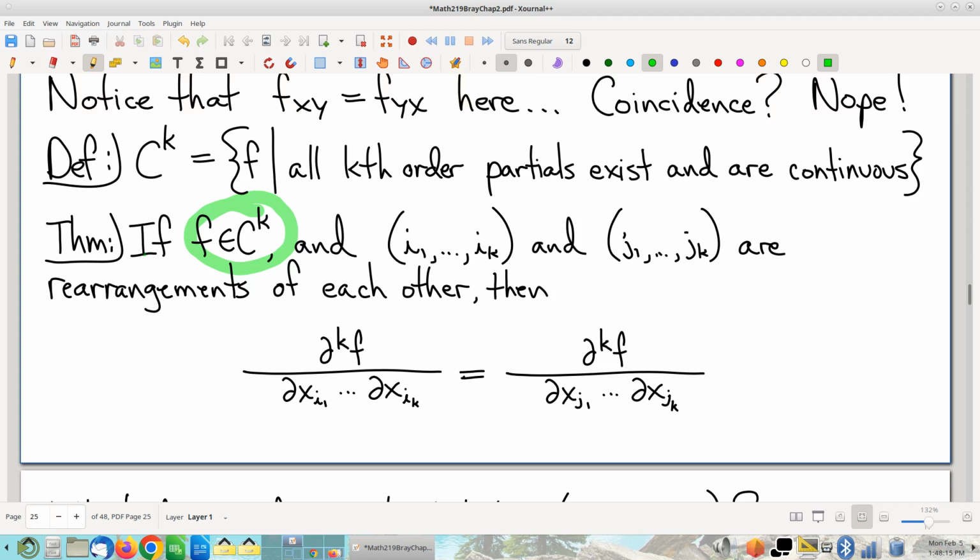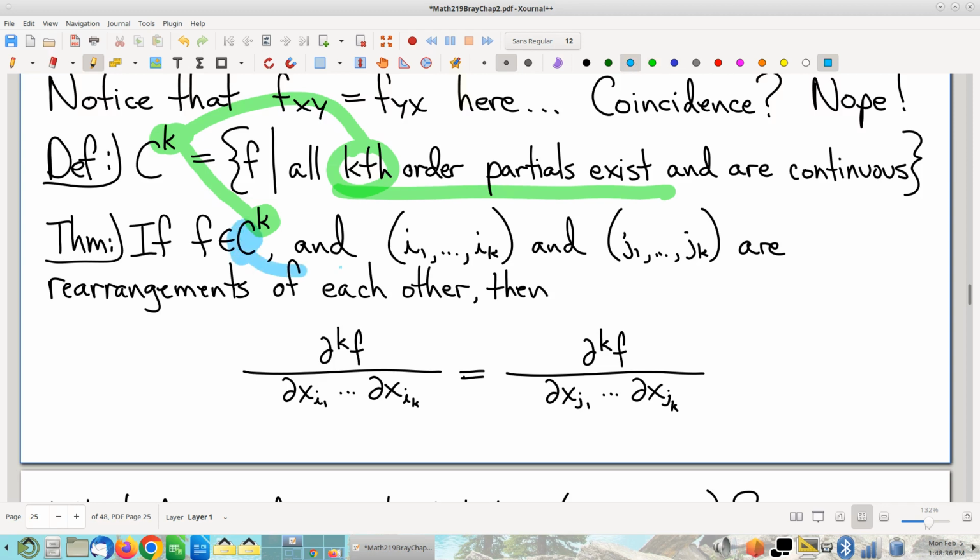The C stands for continuous, and the superscript tells you how many of the partials also have to not only exist but also be continuous, right? So again, the notation is pretty natural in some sense. C^k means a function all of whose kth order partials exist, of course, and are also continuous. All right, so if the function is C^k, then this will always work.